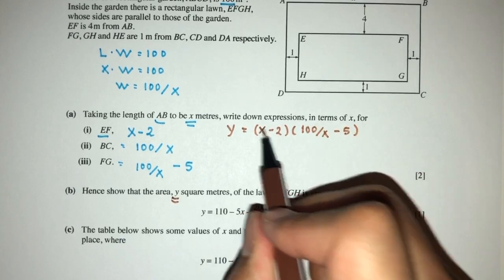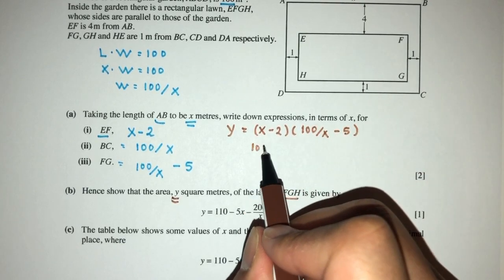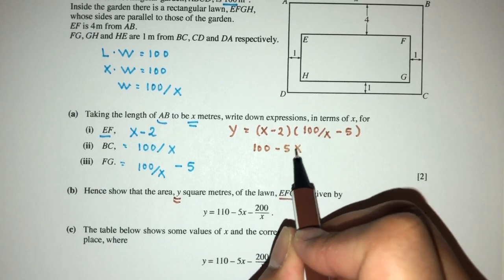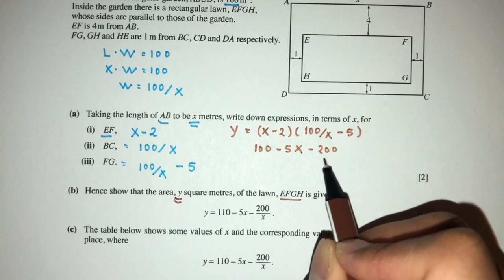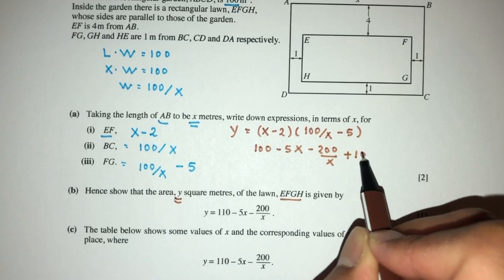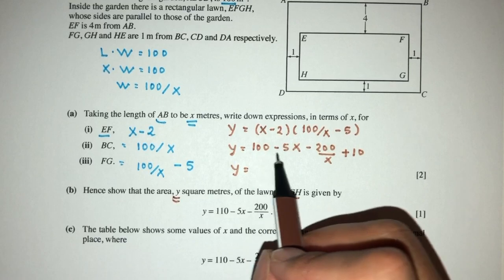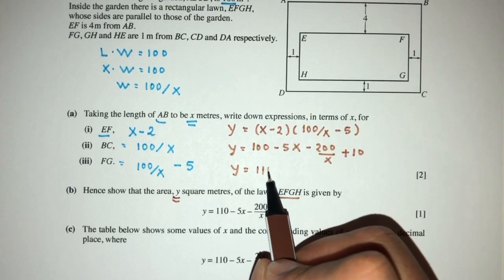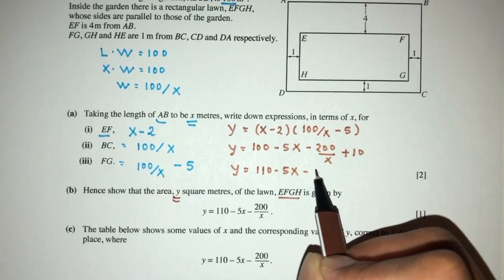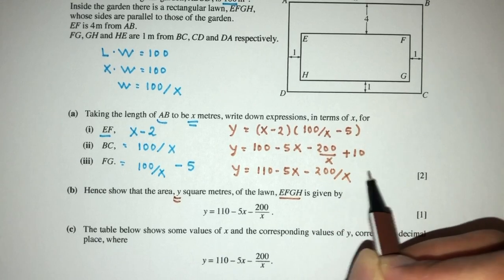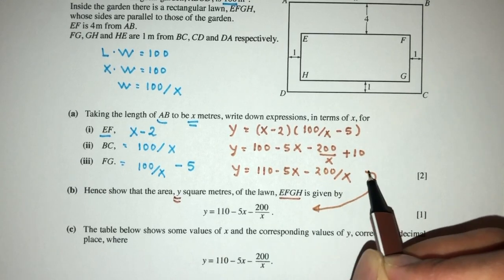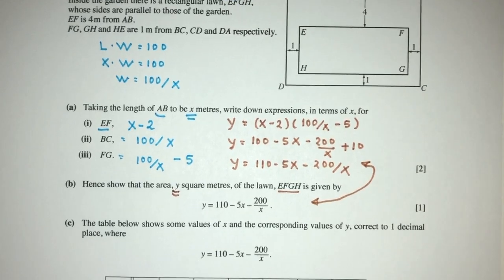So multiplying, this times this will become 100 minus 5x minus 200 over x plus 10. That is y. So y has to be 110 minus 5x minus 200 over x. This is shown as required. So that is part B of the question.